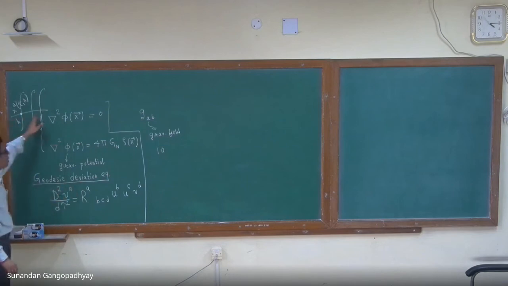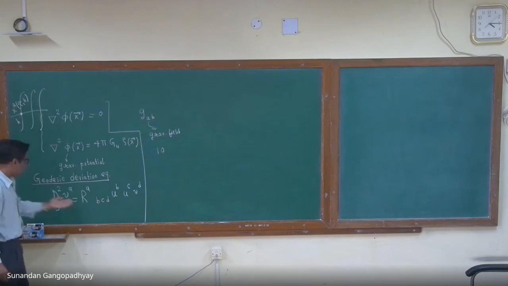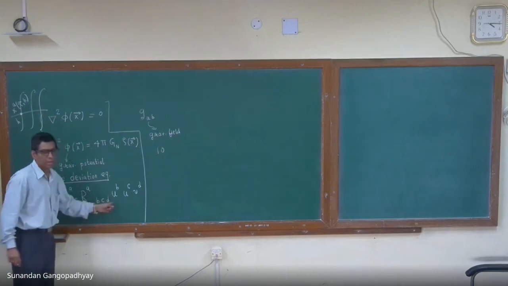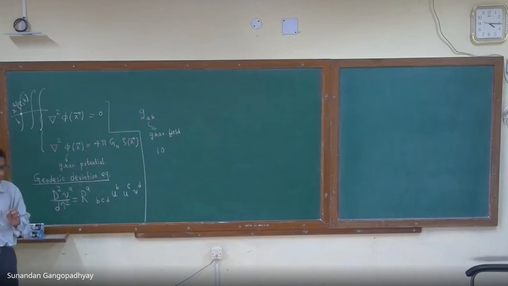V^A is the deviation vector between the successive geodesics, and this deviation vector satisfies a differential equation of this form. How does this deviation evolve with the parameter tau in this direction? You can see that this evolution is governed by the Riemann curvature tensor. If there is a non-zero Riemann curvature tensor, then this will change. This is the evolution equation.